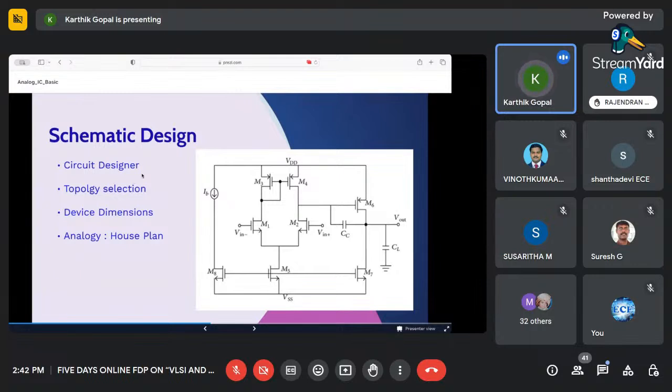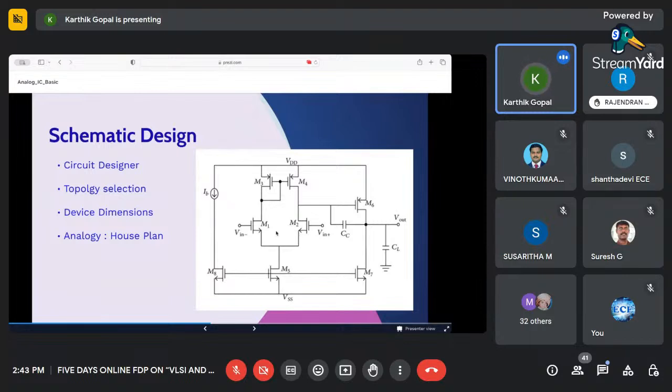So what are the processes involved in circuit design? One is the circuit topology selection. Let's say this is a two-stage op amp. Here we have a telescopic cascode, or a single stage is enough, or a cascode amplifier is required. That topology selection is involved in the schematic design.